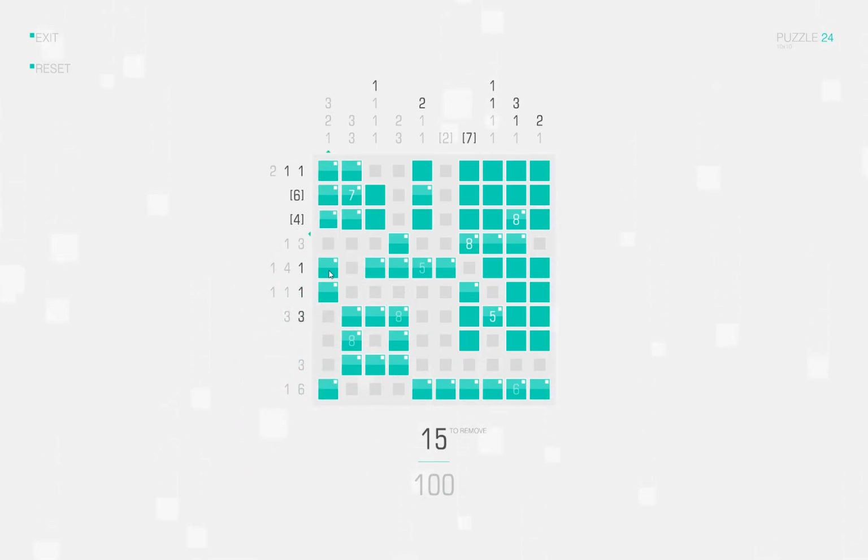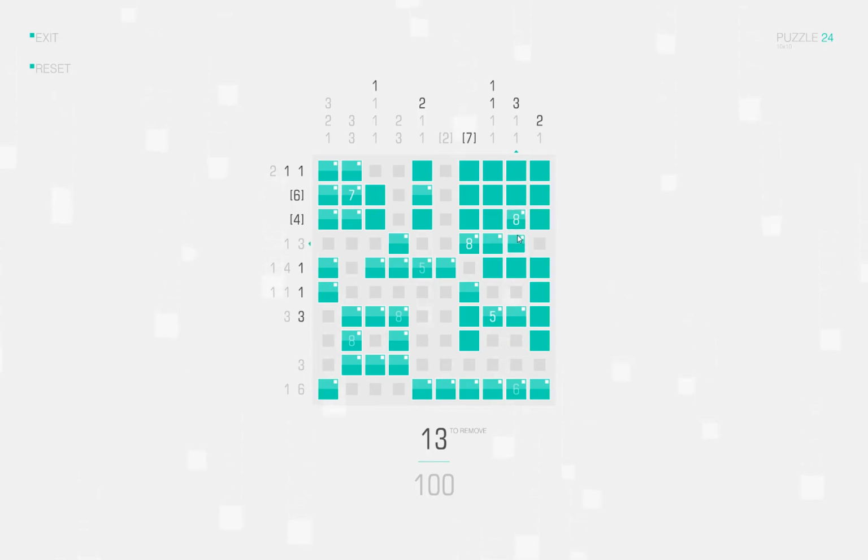So now we have 3, 2, 1. Good. We have 3 and 3 somewhere here. It could be these 3 or it could be these 3, but at least these 2. Because this is a 3 here, and this is a 1 and a 1. Then we disconnect the 1 here in this column.